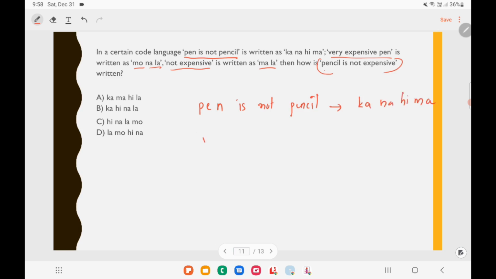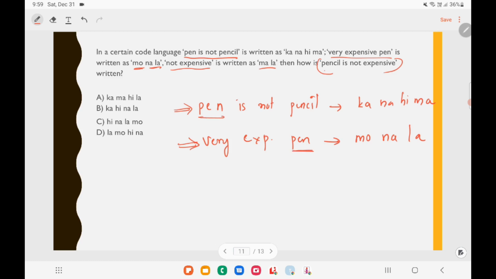Then "very expensive pen" corresponds to mo, na, la.